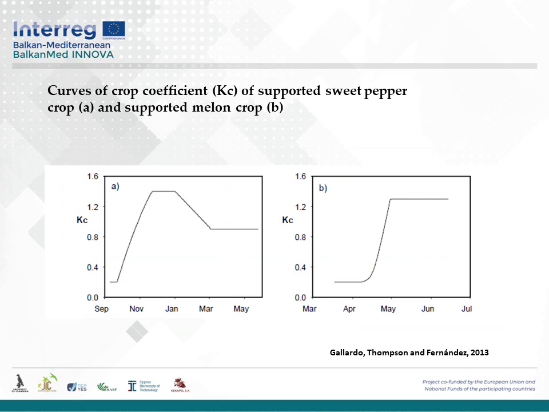These graphs express the curves of crop coefficients of supported sweet pepper and melon crops, and you can see that there are differences regarding the individual characteristics of each crop.